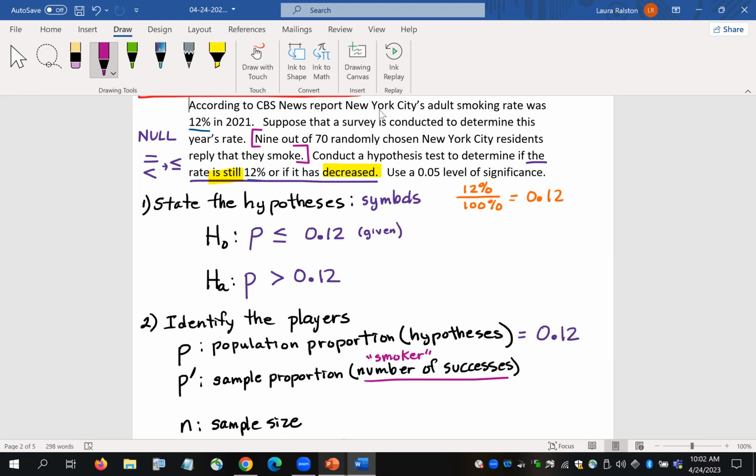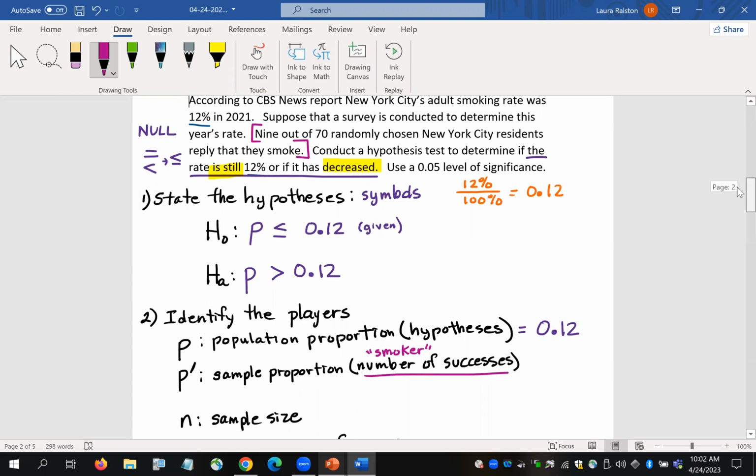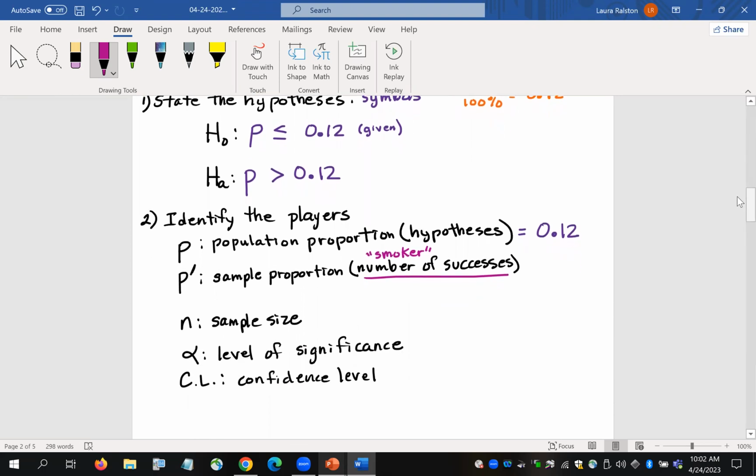So the report from CBS had said it was 12%. So you go out and you choose 70 New York City residents randomly, and you ask them, do you smoke? And they're either going to say yes or no. Okay. The 9 represent the number of successes. You talked to 70 people. That's your sample size. Of those 70, 9 said they smoke.